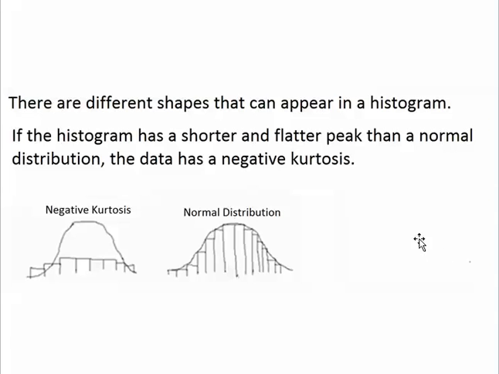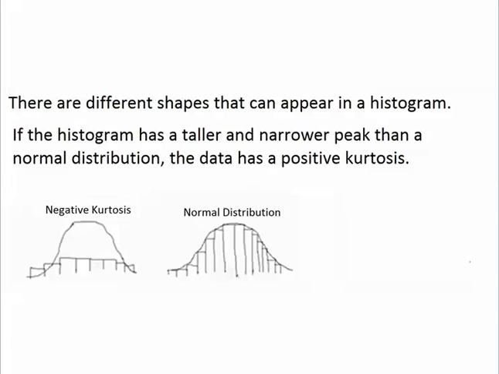The opposite is a positive kurtosis, which is when it has a taller and narrower peak than the normal distribution, like this, where the peak is more narrow and it's also going up higher than the normal curve does.